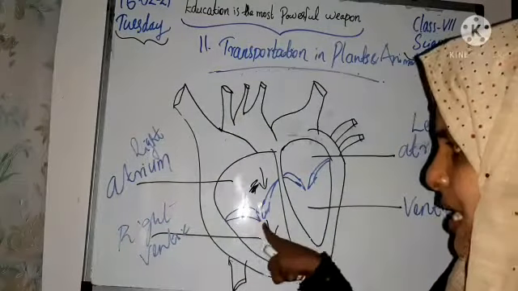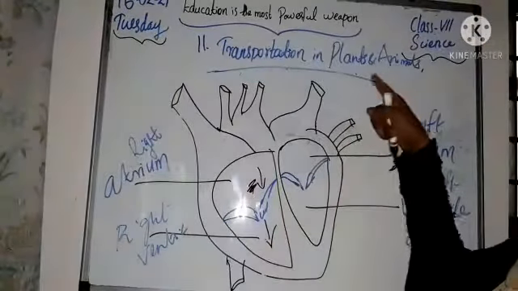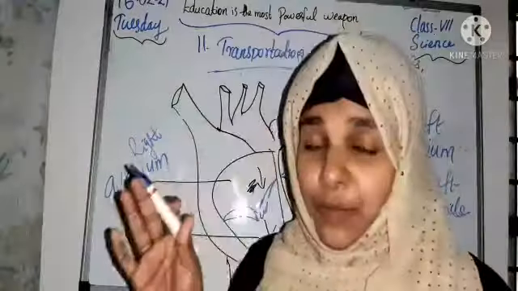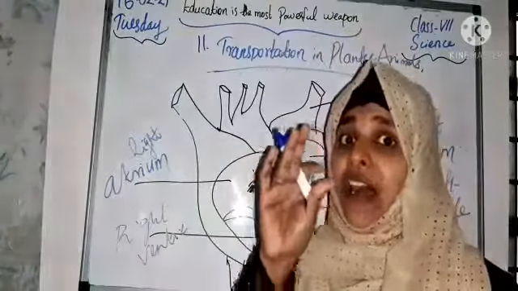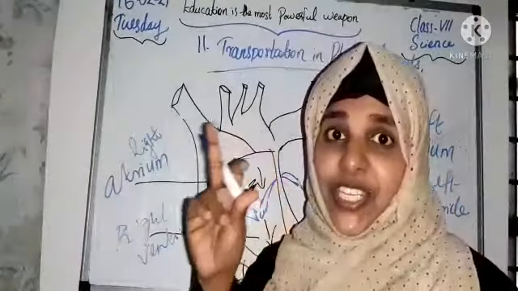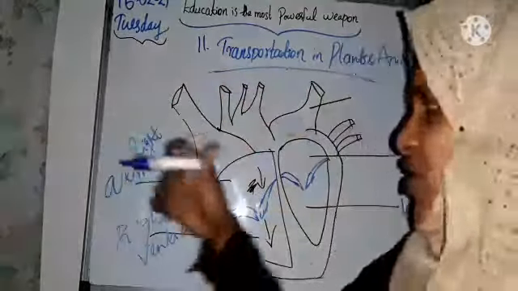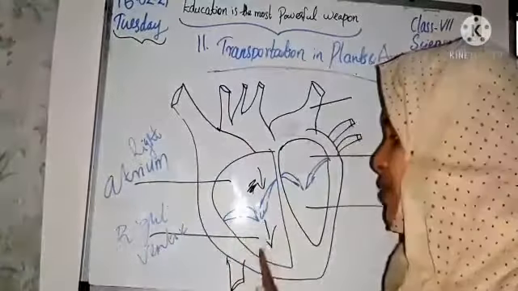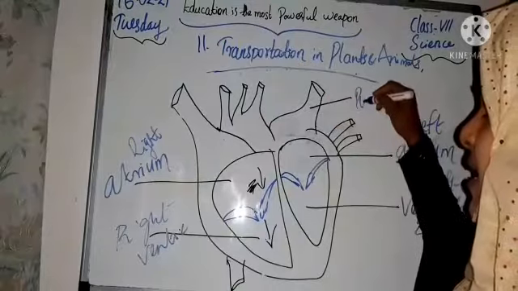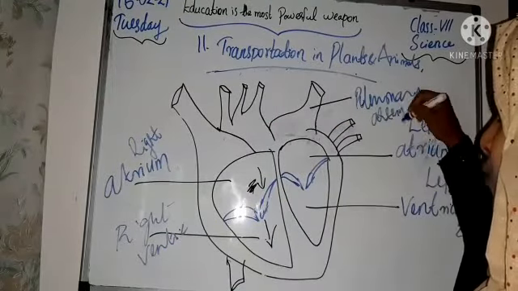Then this carbon dioxide rich blood moves to the lungs through the pulmonary artery. We know that one exceptional case we learned in our last class: the pulmonary artery is carrying carbon dioxide rich blood to the lungs for purification. So from the right ventricle, this blood moves to the lungs through the pulmonary artery. Clear all of you?